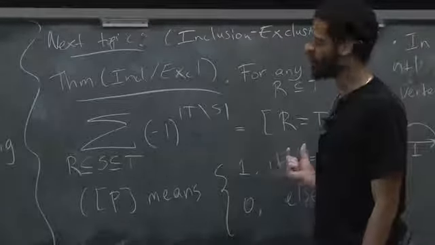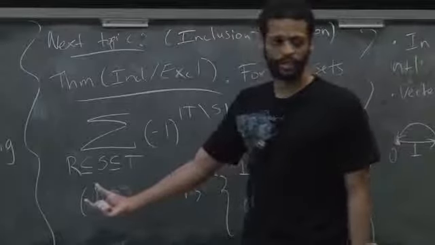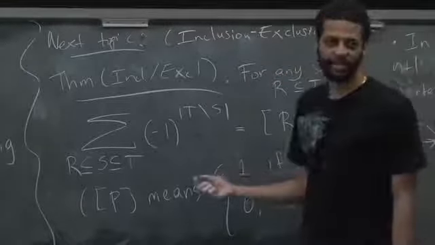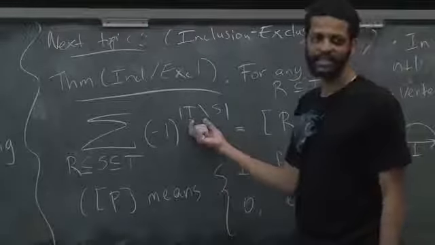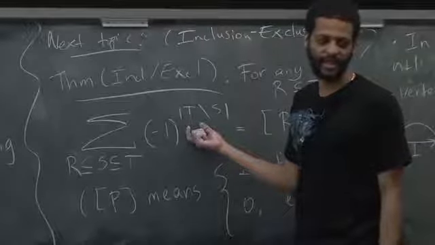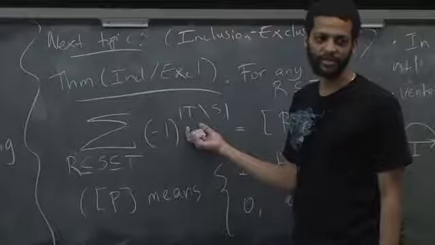Okay. If R is not equal to T, then we're going to set up a bijection between the odd-sized sets T minus S and the even-sized sets T minus S. What's that bijection?